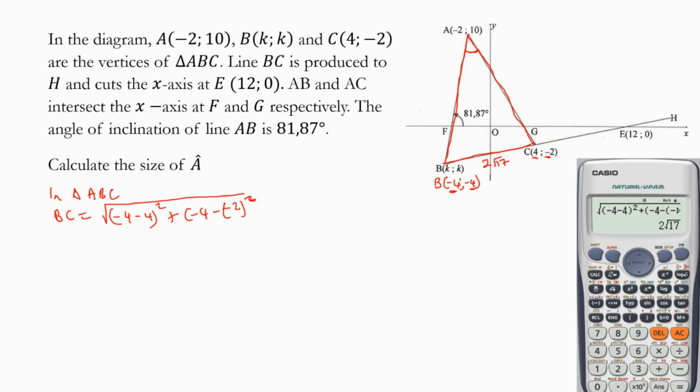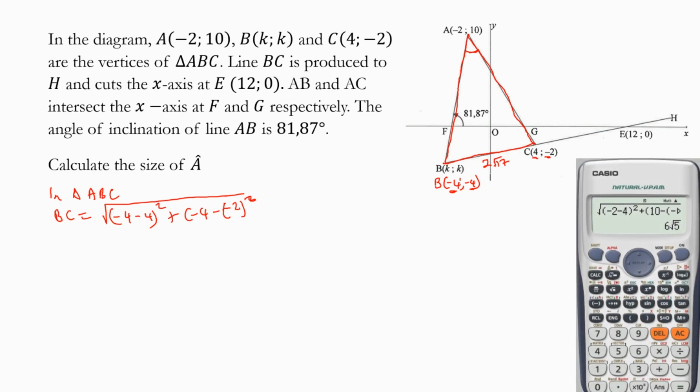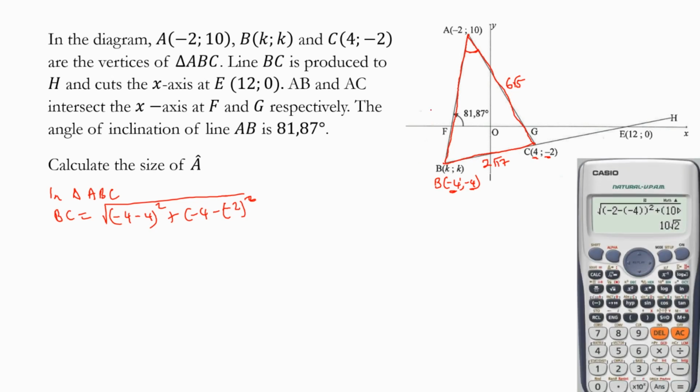And then the length of AC, you must get 6 root 5. And then the length of AB, you must get 10 root 2.